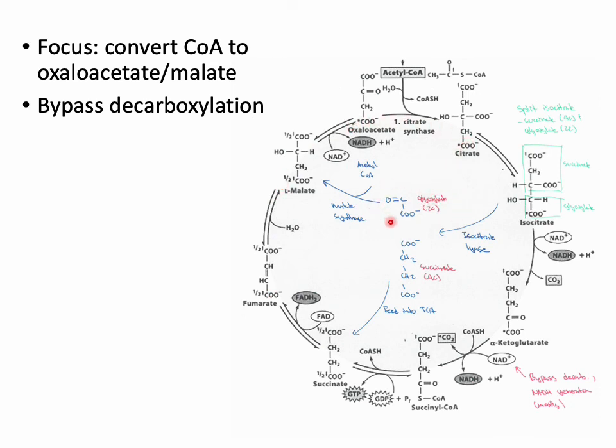The glyoxylate, on the other hand, this 2-carbon fragment, is coupled with a second acetyl-CoA to generate a 4-carbon species called malate via the enzyme malate synthase, which can then go through the citric acid cycle or be used for biosynthetic processes.